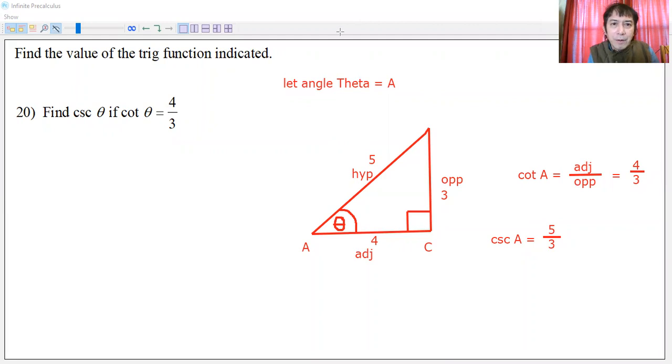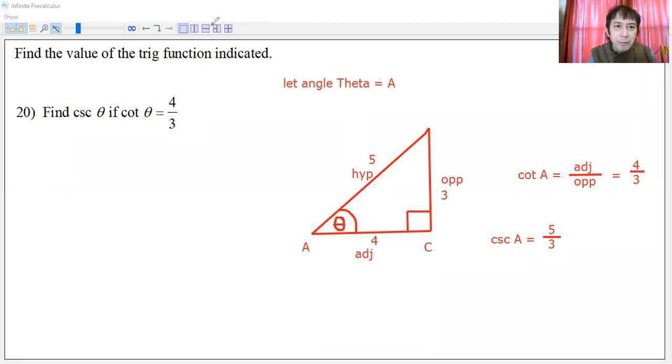So this is cosecant of angle theta. The one that is given is 4/3, that's our given cotangent. So our cosecant, which is the unknown, must be 5/3.